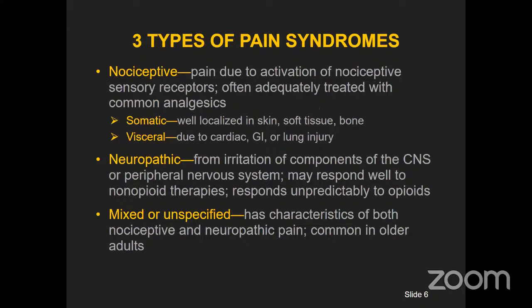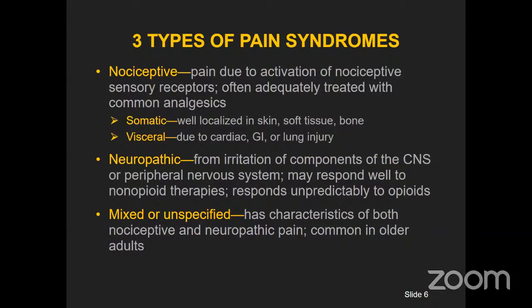We have 3 types of pain syndromes: nociceptive, neuropathic, and mixed or unspecified pain. Nociceptive pain is due to activation of nociceptive sensory receptors, often adequately treated with common analgesics, and can be somatic or visceral. Somatic is well localized in skin, soft tissue, or bone. Visceral is due to cardiac, GI, or lung injury.